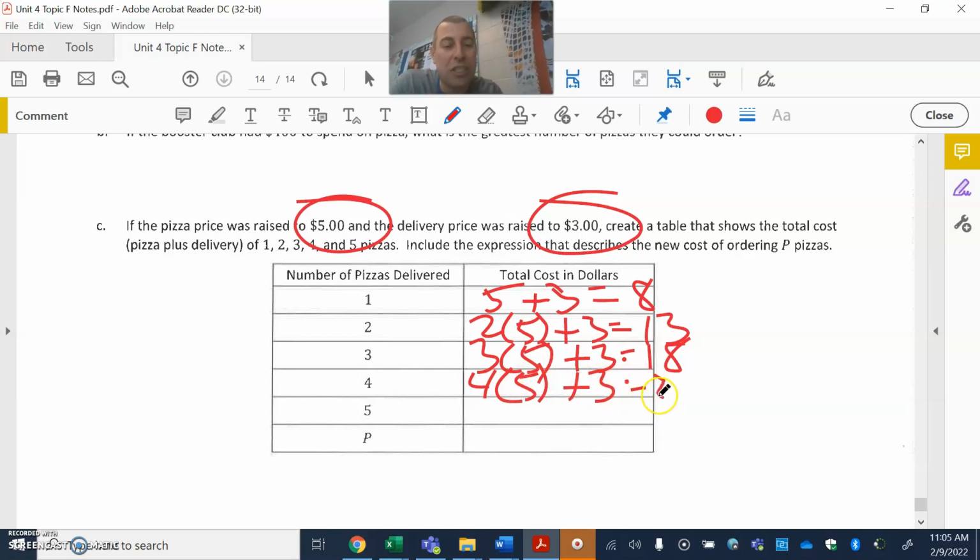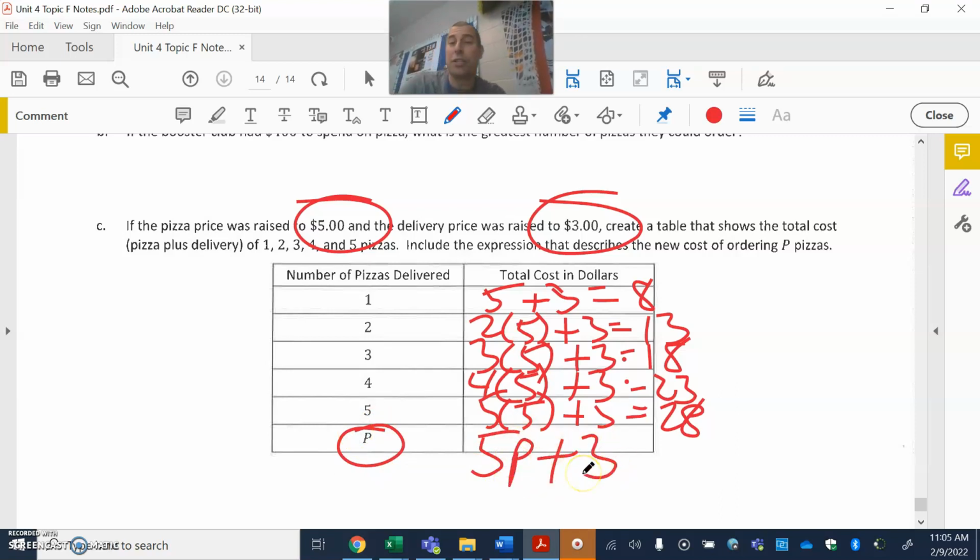We should start to see a pattern here: every single time we are multiplying by a 5 and then adding on a 3. So multiply by a 5, add on your 3, and there's your expression.